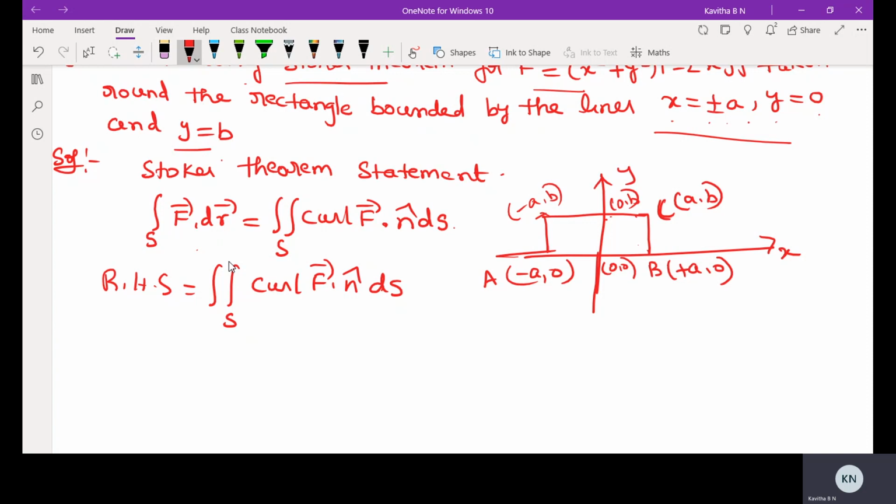This is the rectangle. Observe here, x is equal to plus or minus a, and y varies from 0 to b.